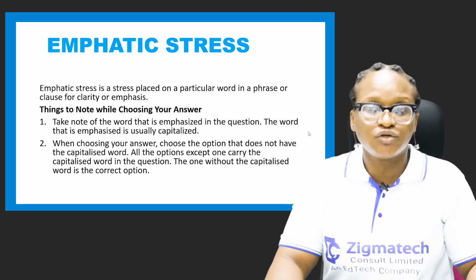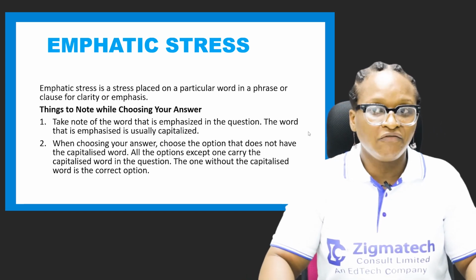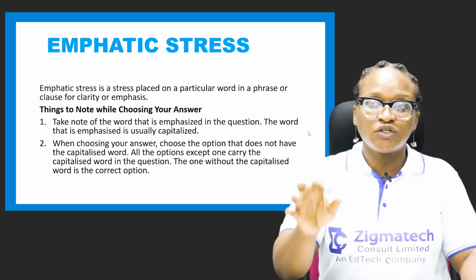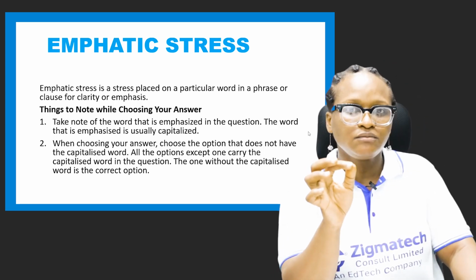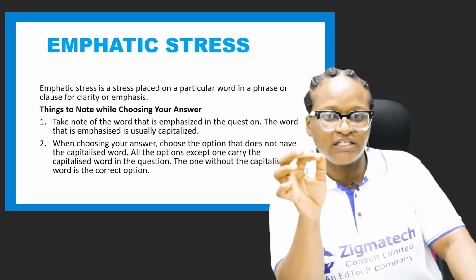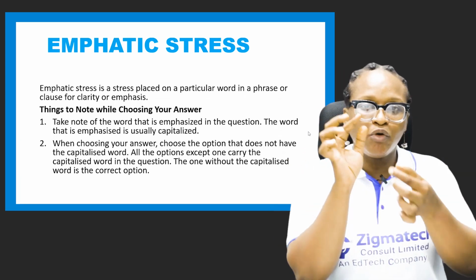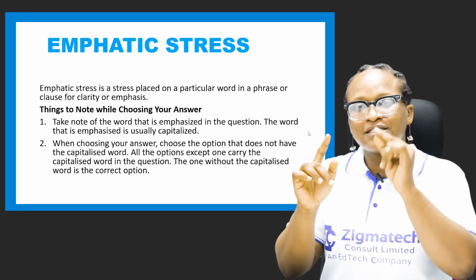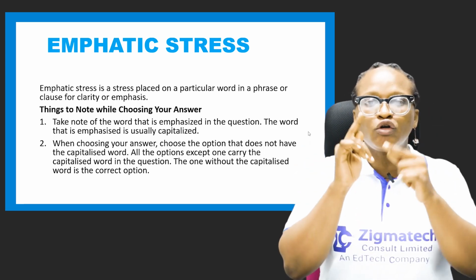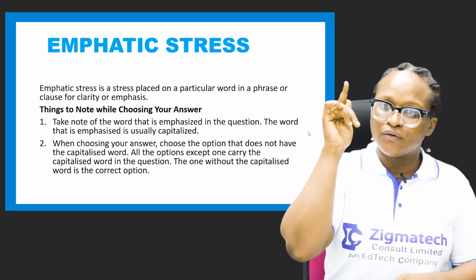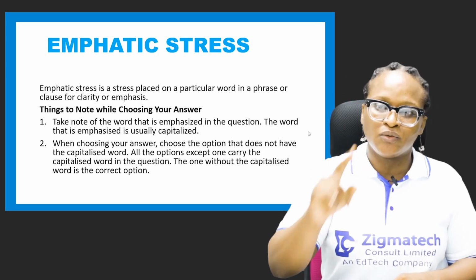On no account should they fail questions on emphatic stress, because it's a case of identifying the word that is stressed in a sentence and looking out for the option, of all 4 options given, that negates or is contrary to the stressed word in the question.